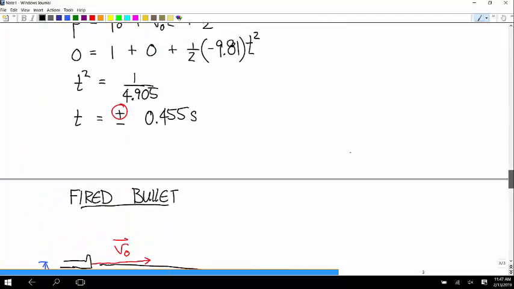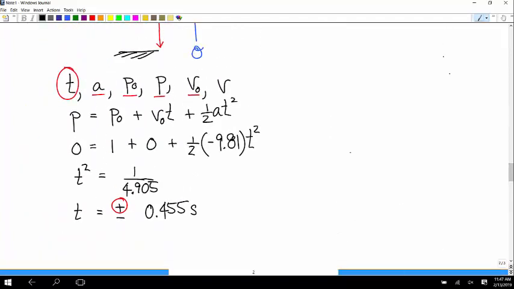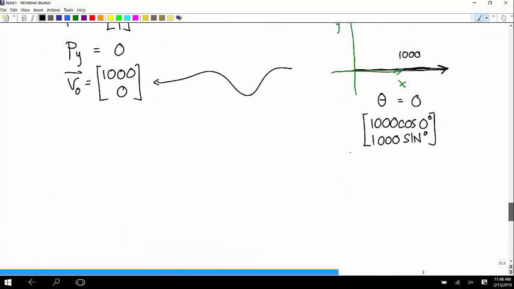Well, you'd think it's probably one of the position equations, because that's what we used for the drop bullet, and it is. And we're only dealing with the y components, so it's going to be the y component of that position equation. So we're going to use P y is equal to P 0 y plus V 0 y times time plus 1/2 a y t squared.